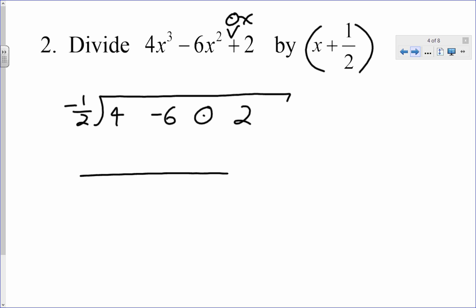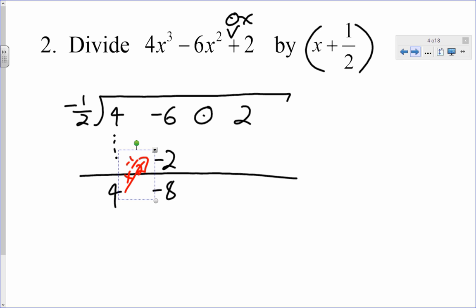So then again, drop down my first term, it's 4. And then I'm going to multiply by -1/2. 4 times -1/2 is going to be -2. -6 plus -2 is -8.